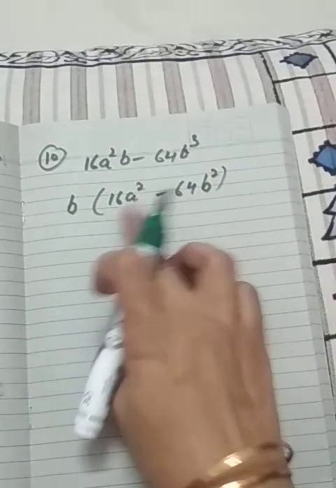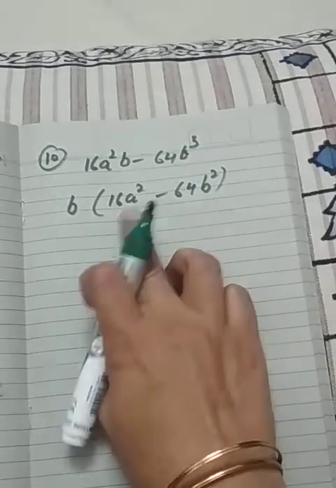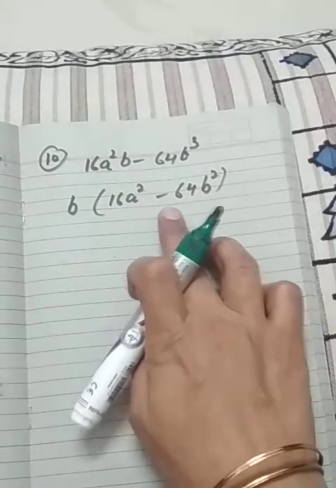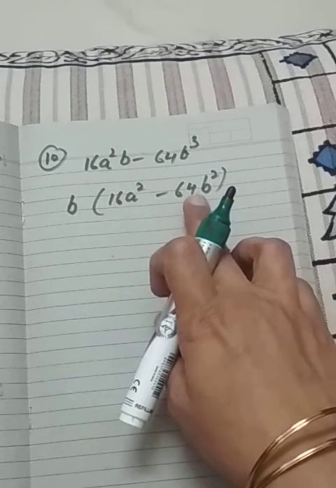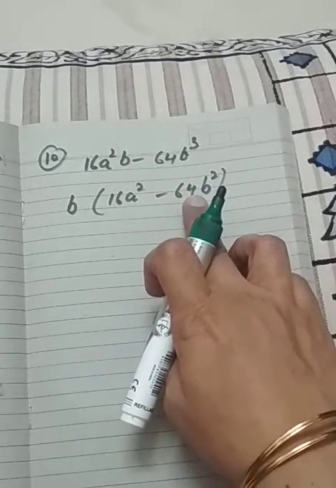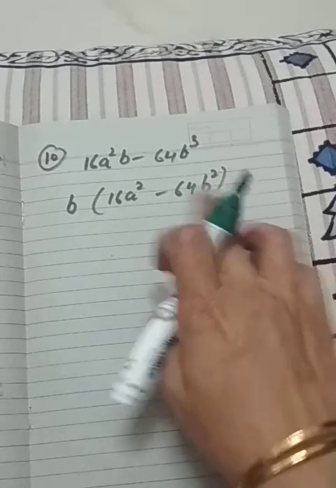But 16 is also common here. When we take the 16 as a common, here left a square minus, when from 64 we will take 16 as a common, then 4 is also a complete square. So we can write here 2b square.